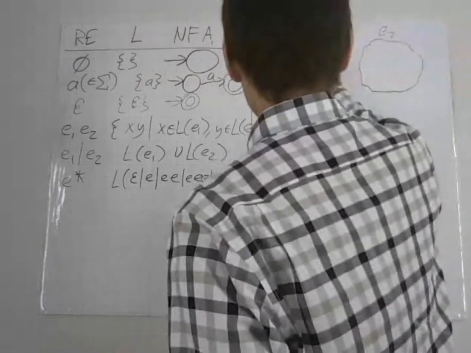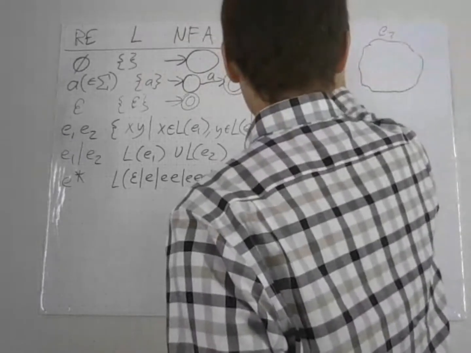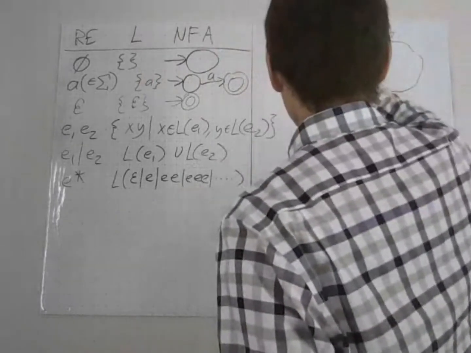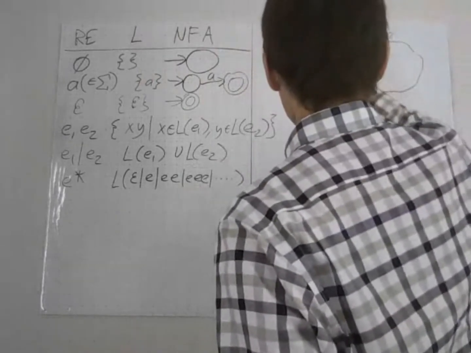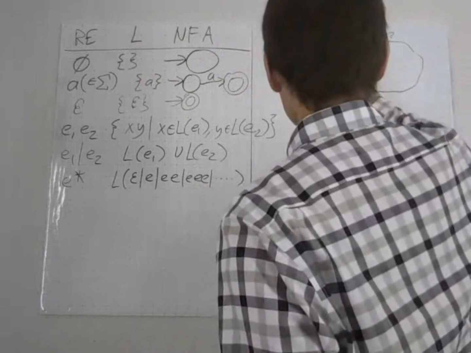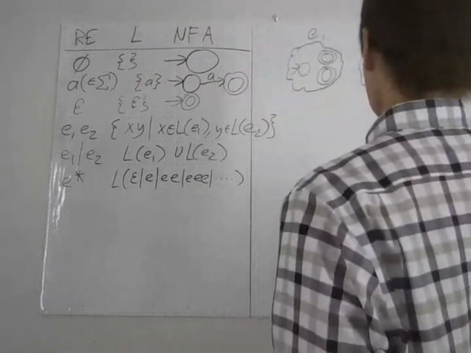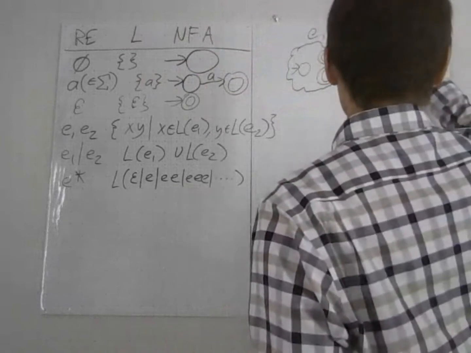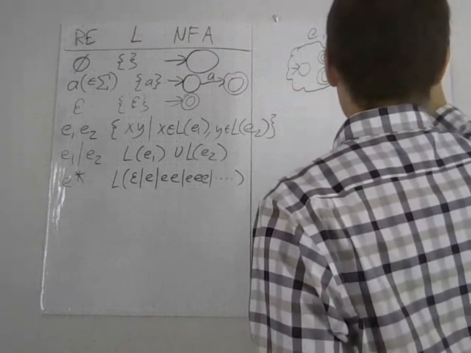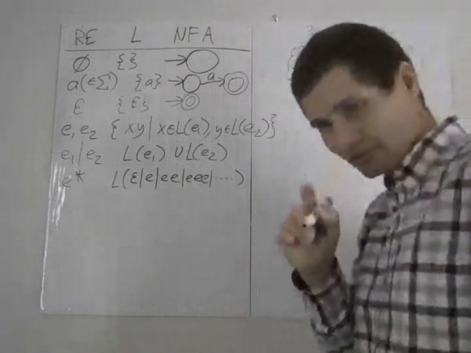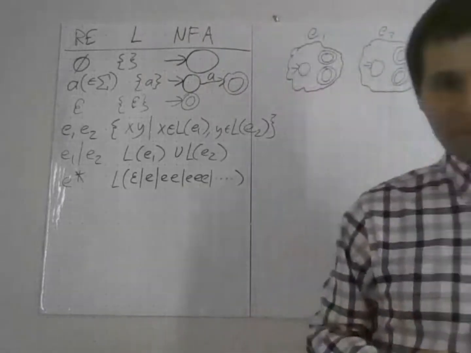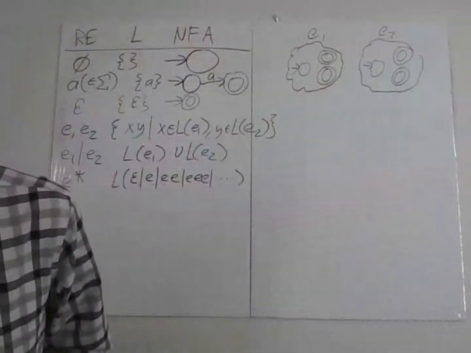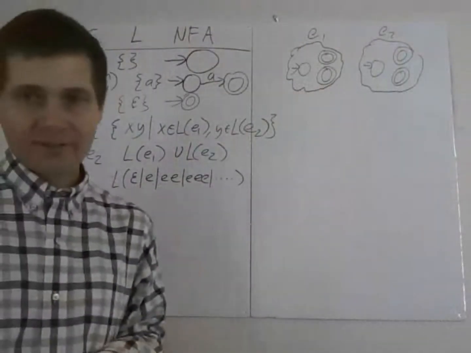So each of these NFAs inside it is going to have a start state, and it's going to have some number of accepting states. So I'm just going to draw them here, and then here I have a start state and some number of accepting states. So I'm drawing 2, but you could have 0 or more. Okay, and so this is what I get from the recursive call.